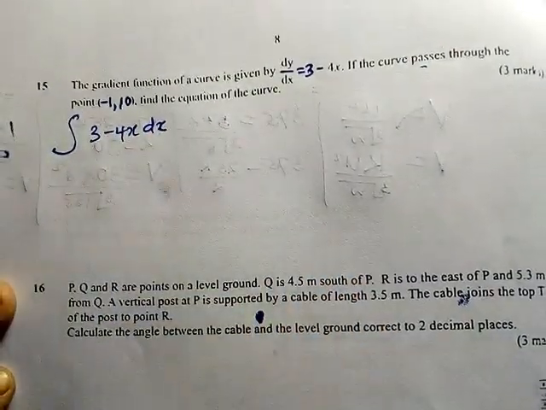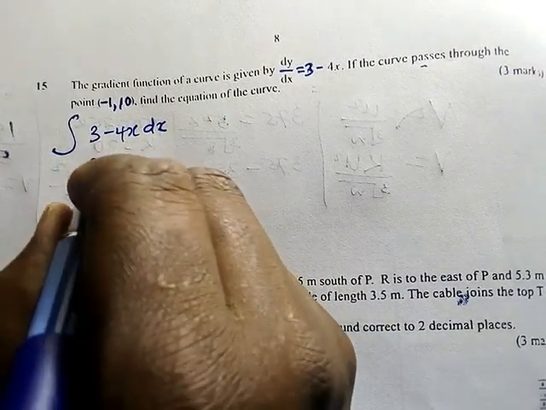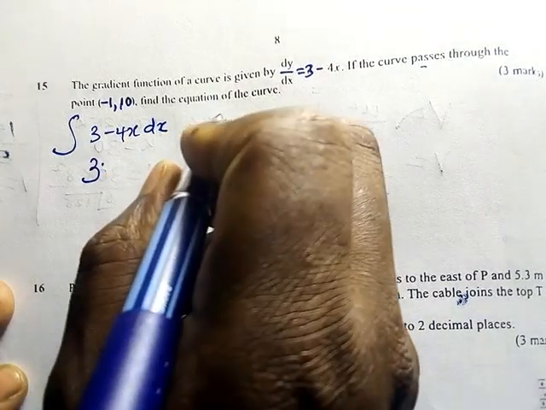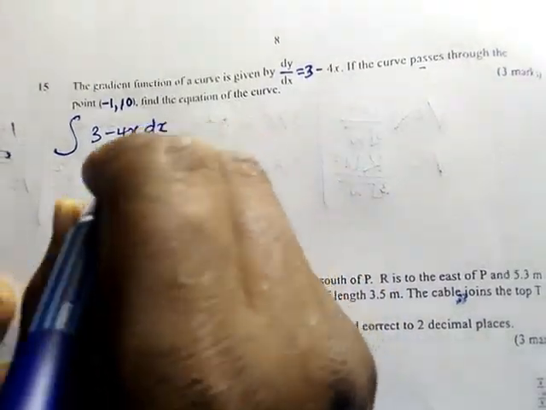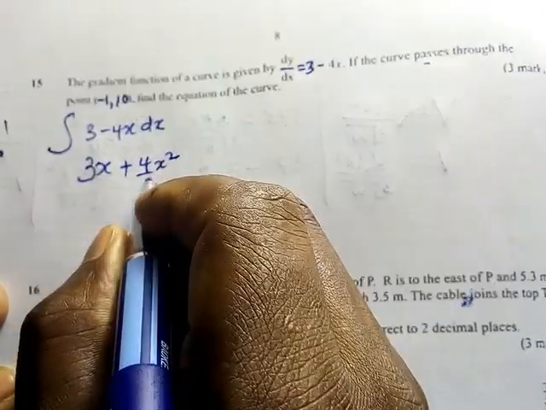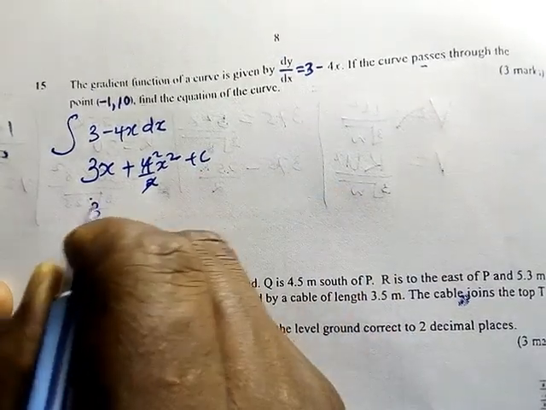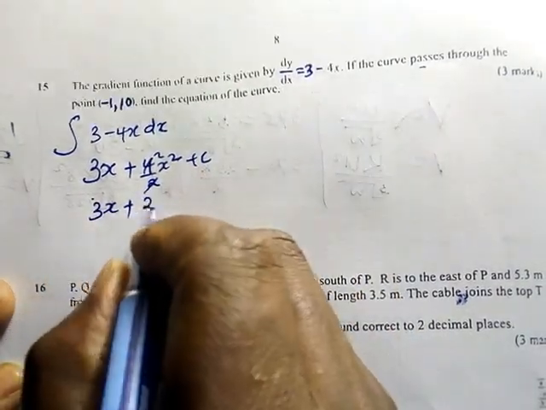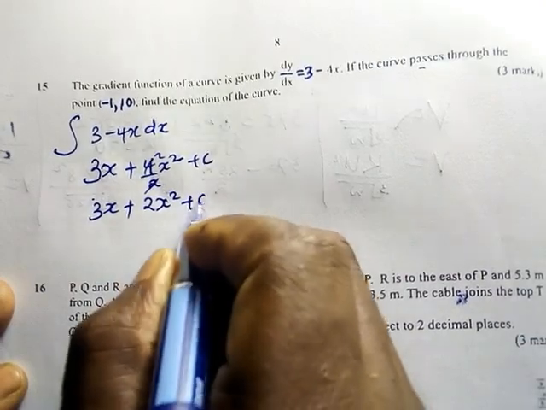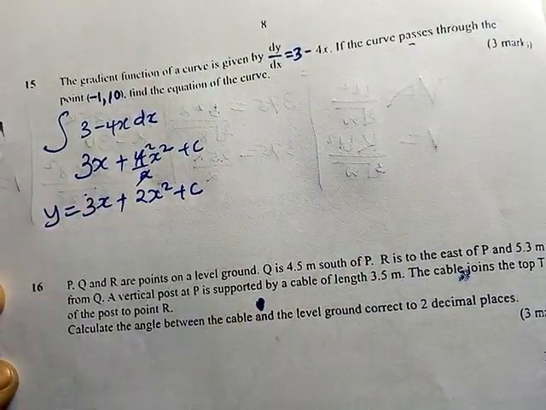This gives 3x minus 4 over 2 x squared, so that is 3x minus 2x squared plus c. That is our value of y.